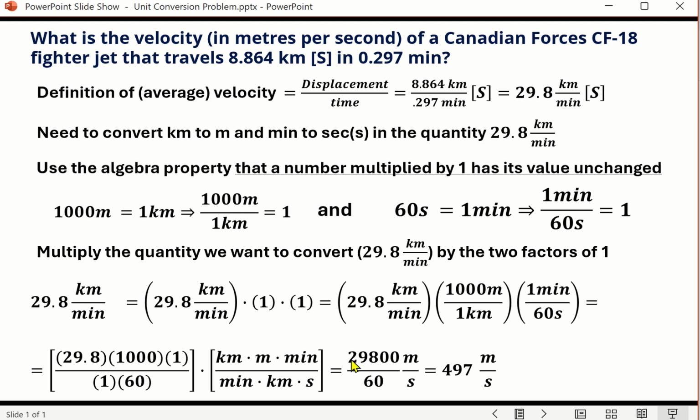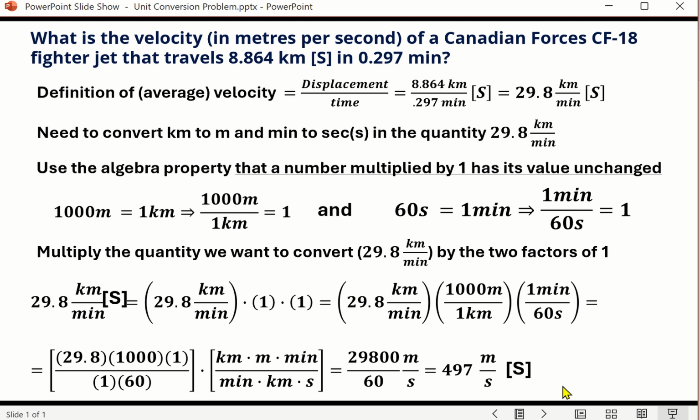The numbers are going to boil down to this ratio here, which when we calculate it, we get 497, again 3 significant digits, meters per second. And to be absolutely correct, even though it didn't make any difference since this was all in one direction, we put in the direction to make sure that we get full credit on the problem.